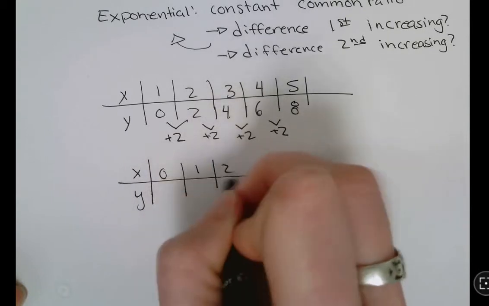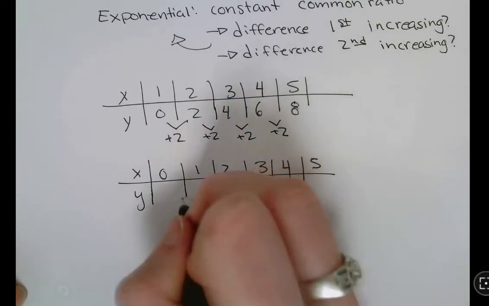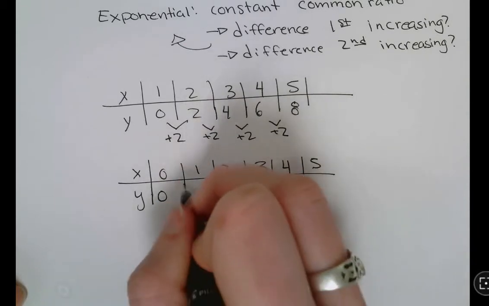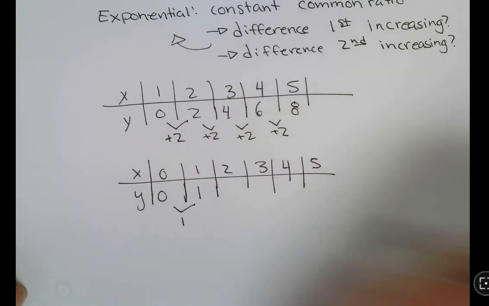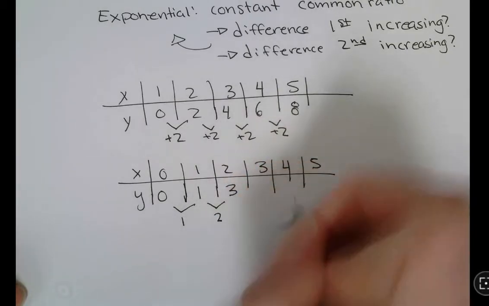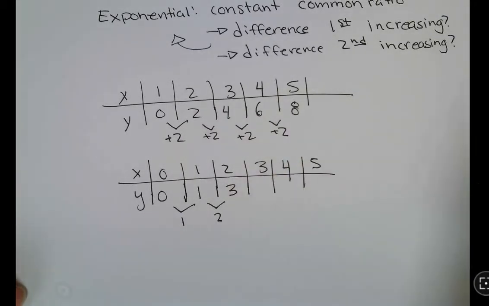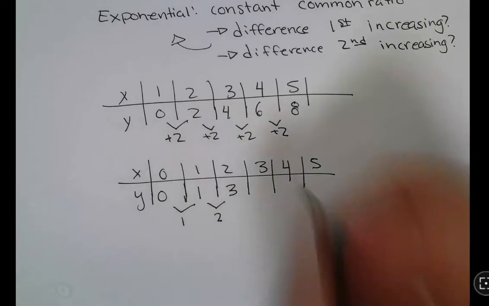Whereas for quadratic, our data might look something like, let me get this set up. Say we started at 0. Well, went from 0 up until 1, so that was a difference of 1 here. But now say it went up to 3. Well, that was a difference of 2. Now it went up to 6.